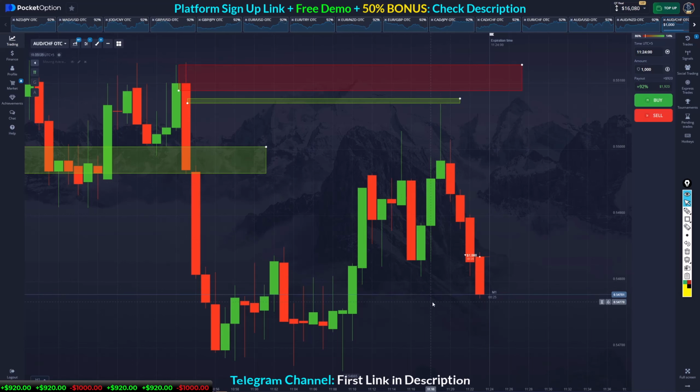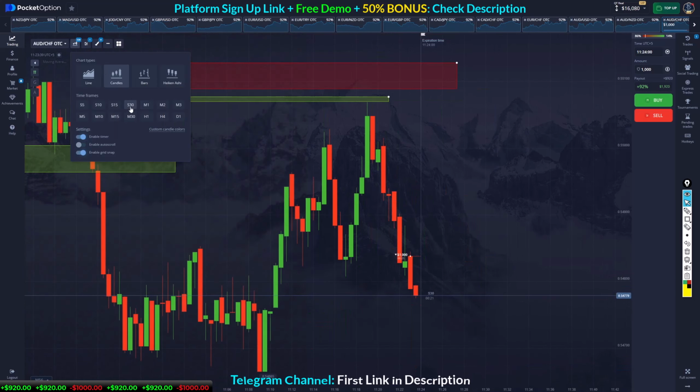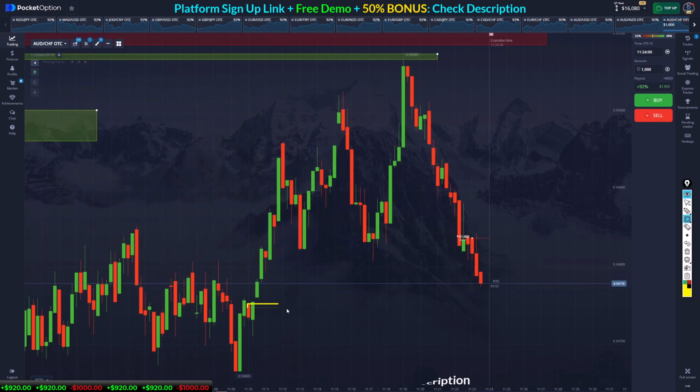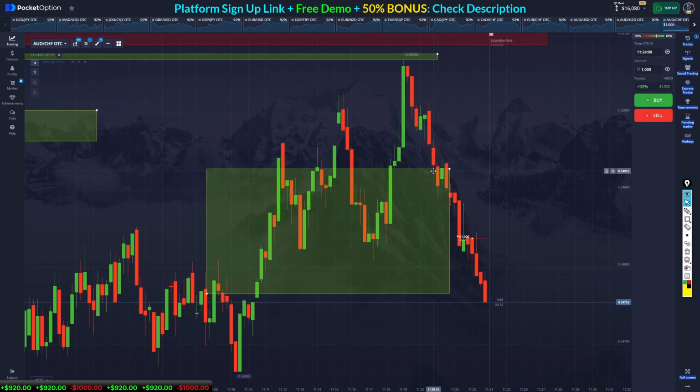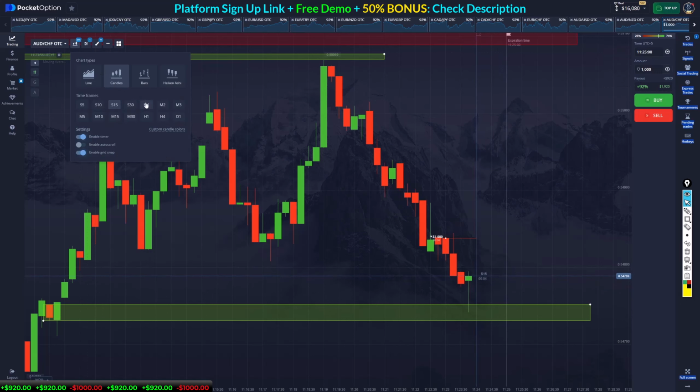I don't see any demand yet. Let me go one step to the lower time frame. We don't see any demand. Yes, we see a demand right here. Let me just mark it. So this is the demand that the market will touch, and it will react.